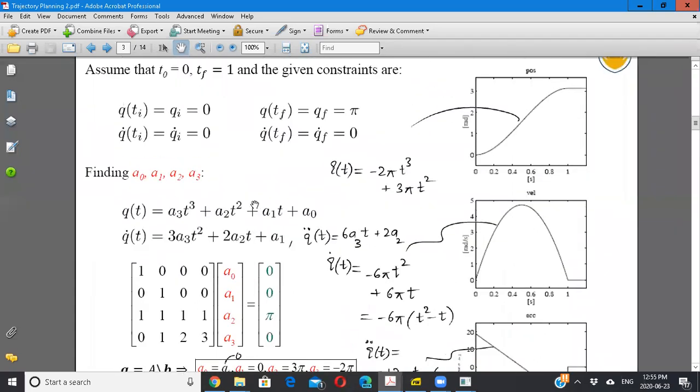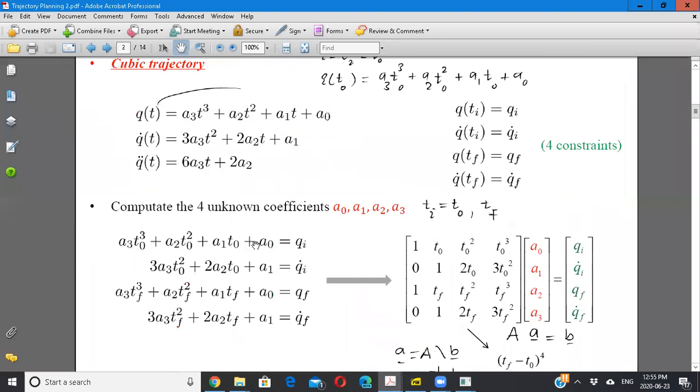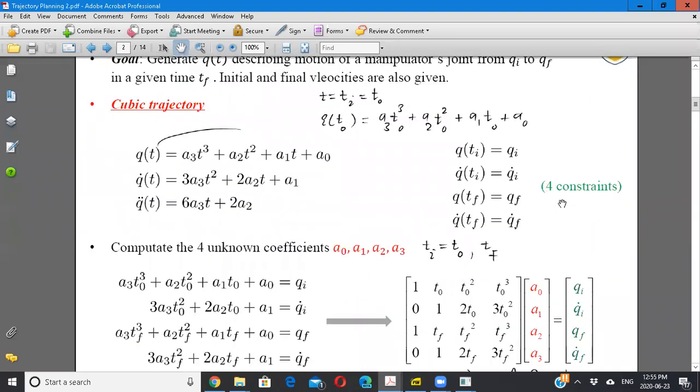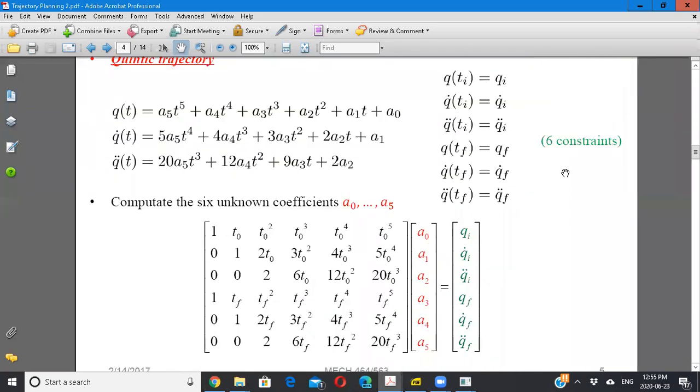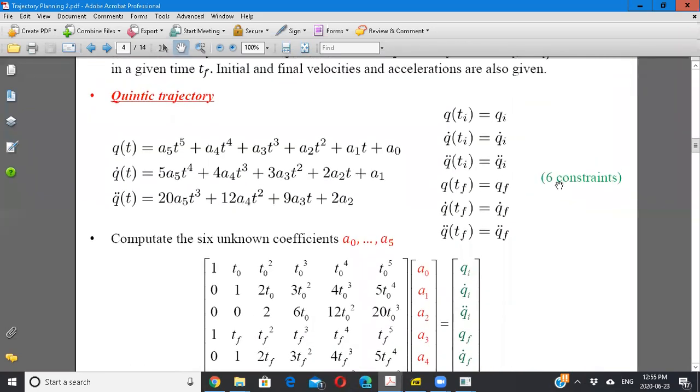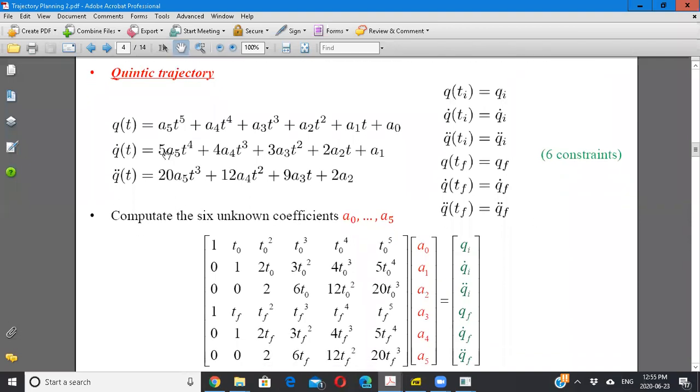So now instead of a cubic polynomial, which was good for 4 constraints, okay, 4 constraints mean 4 coefficients were unknown. Now, if you are giving me 6 constraints, I have to have a quintic polynomial. And now there will be 6 coefficients that are unknown. Okay.